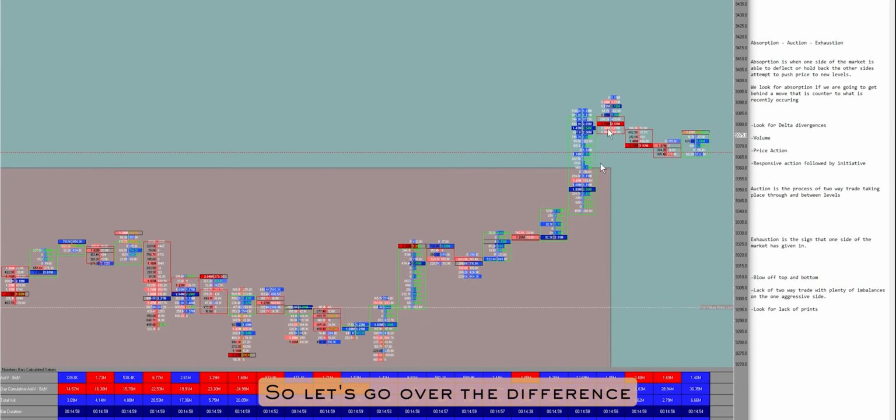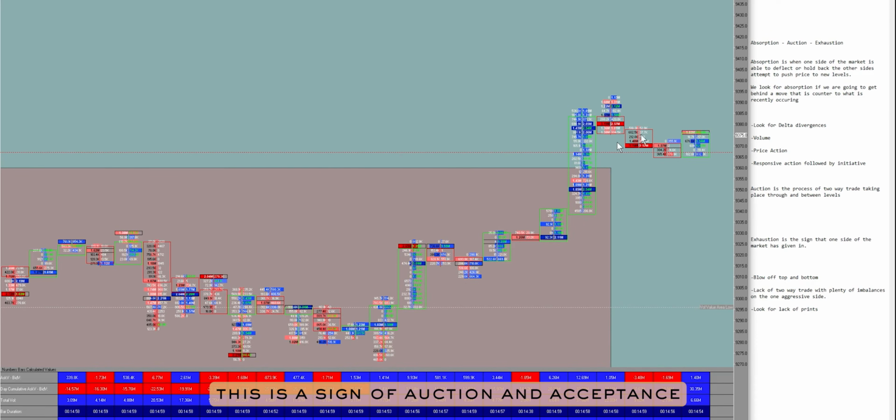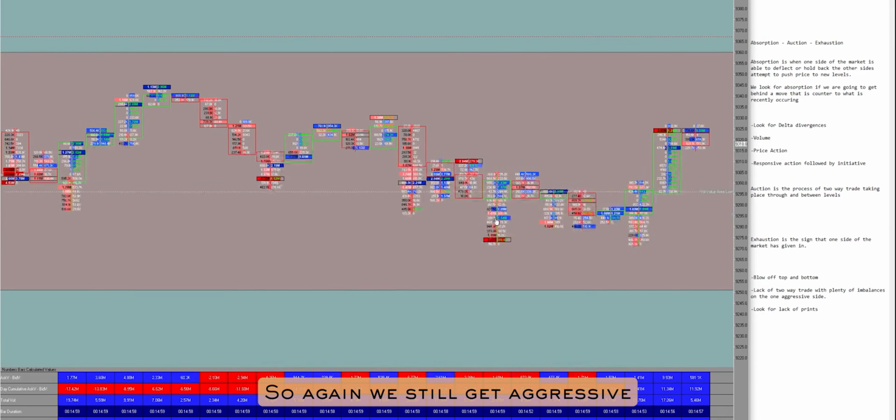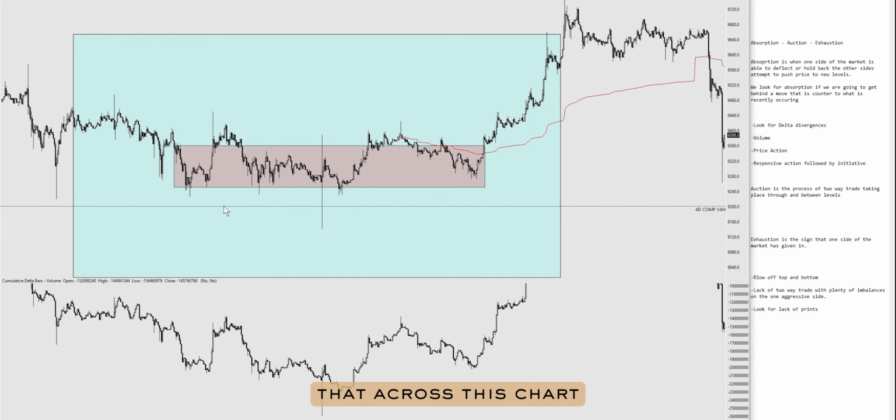All right, so let's go over the difference as to why this is a sign of auction and acceptance compared to the previous. So again, we still get aggressive selling coming into these lows. And mind you, at the same time, we're never just going to be scrolling along this chart the way we're looking at it right here. We're looking at the fact that across this chart, all of this delta has indicated that buyers are willing to bid this up.